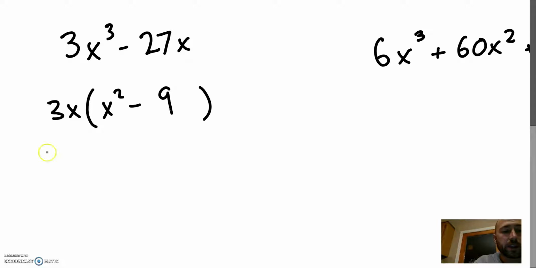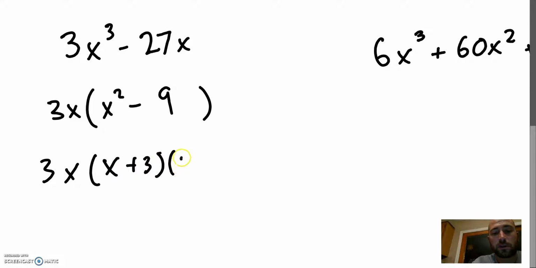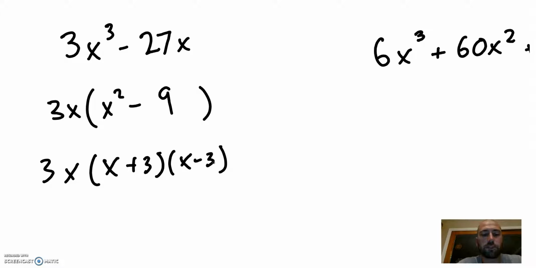So from there, I can break x squared minus 9 into x plus 3 and x minus 3. Am I done? Well, let's check it out. 3x, prime factor. x plus 3, no GCF, not a trinomial, definitely not difference of two squares. Same thing with x minus 3. So right there, all my factors are prime polynomials, so I am done.